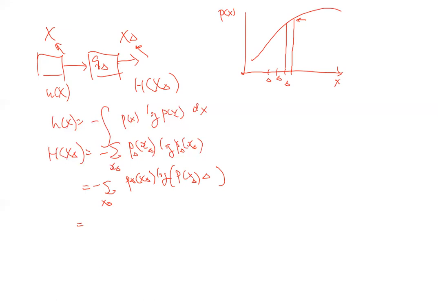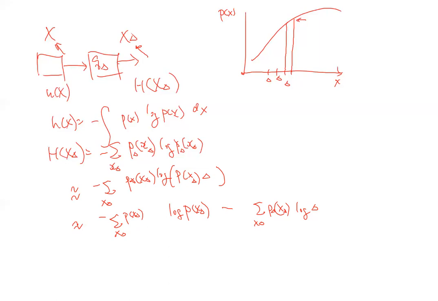Then I can expand that: log of p delta x delta becomes log px delta plus log delta. Again, p delta x delta is approximately px delta times delta.